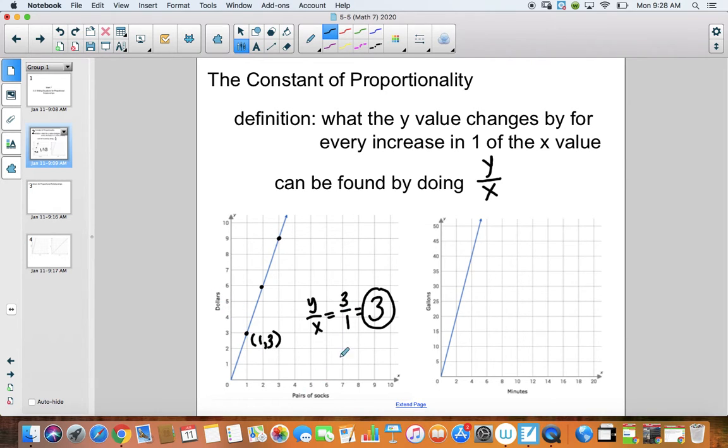I'm interpreting that based upon the labels on my graph. Same thing if I use this one, 2, 6, I would get the same thing. Y over x equals 6 over 2, which is 3. And because it's a straight line crossing through 0, 0, we know they're all going to come up with the same thing.